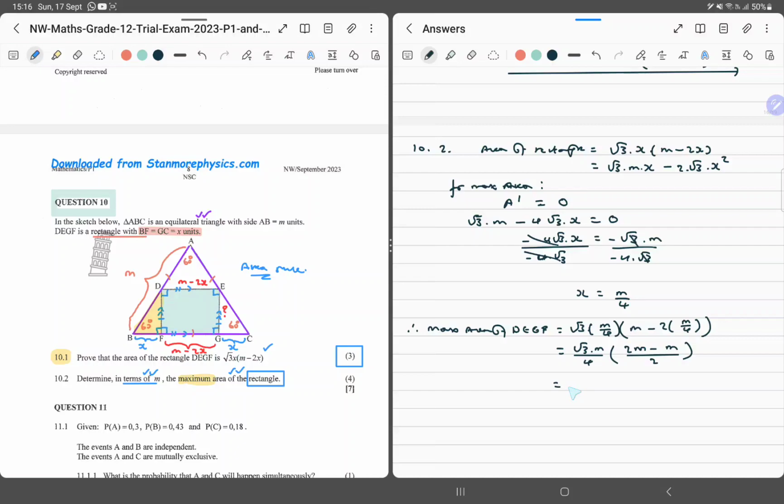So this is basically root 3 times m over 4 into m over 2. So this is going to be root 3 times m squared over 8.